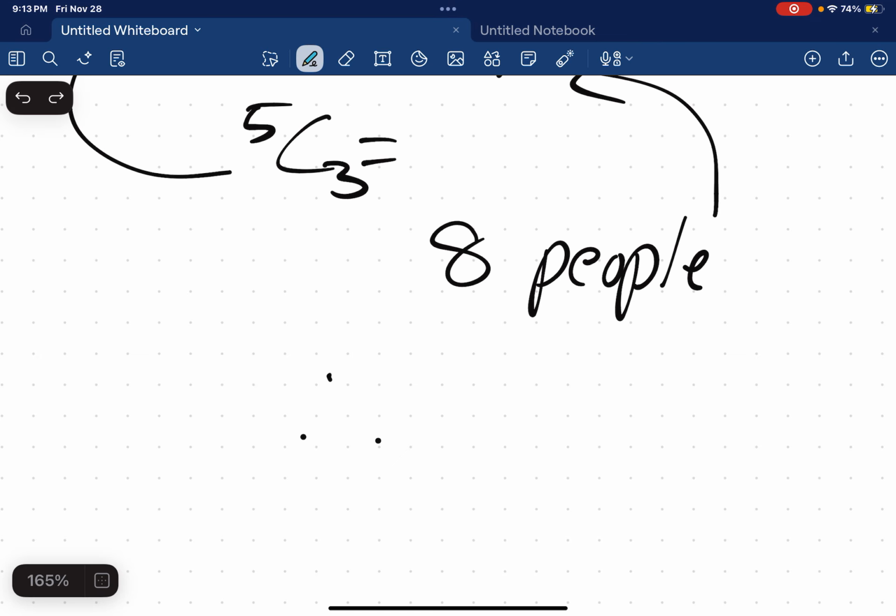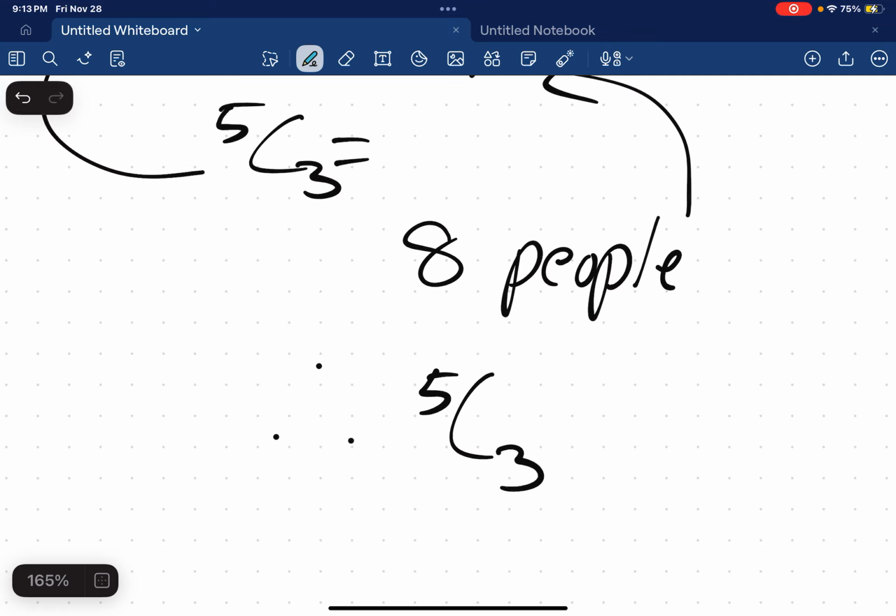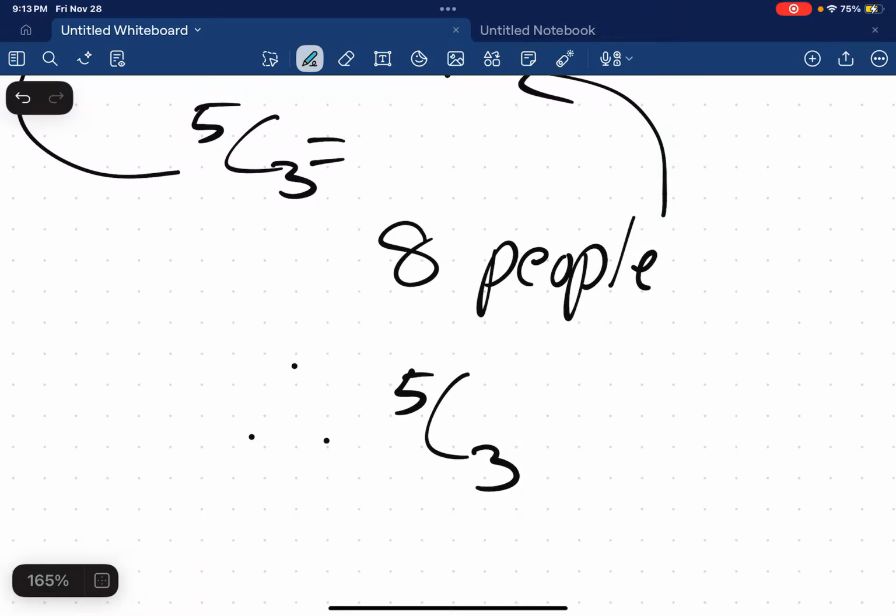Actually, let's start from the very beginning. We have 5 choose 3 for how many drivers there could be.